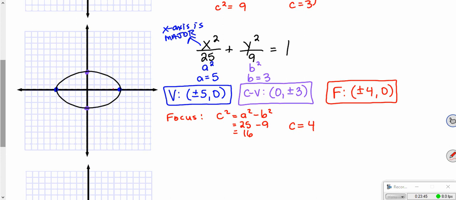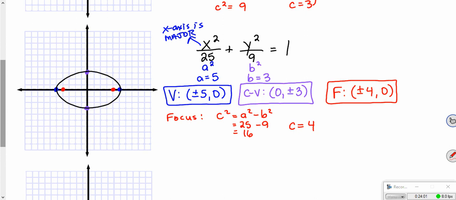So here's my foci. Again, imagine that GIF that I showed you earlier. If I thumbtacked a piece of string to those two foci and then drew it tight, I could draw my ellipse all the way around it.